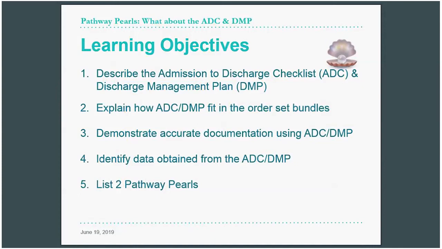But also what accurate documentation is useful for the patient, especially for the discharge management plan. And then identify which data we are actually taking from both of those documents. And of course, we're hoping to come away with at least 2 pathway pearls during this presentation.